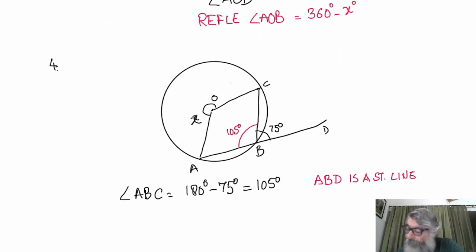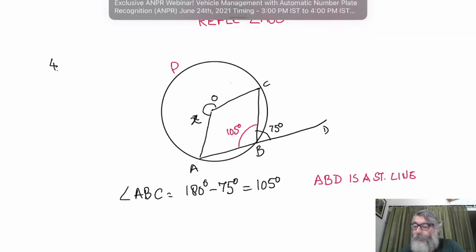Now let's name this point P, any point here on the arc.